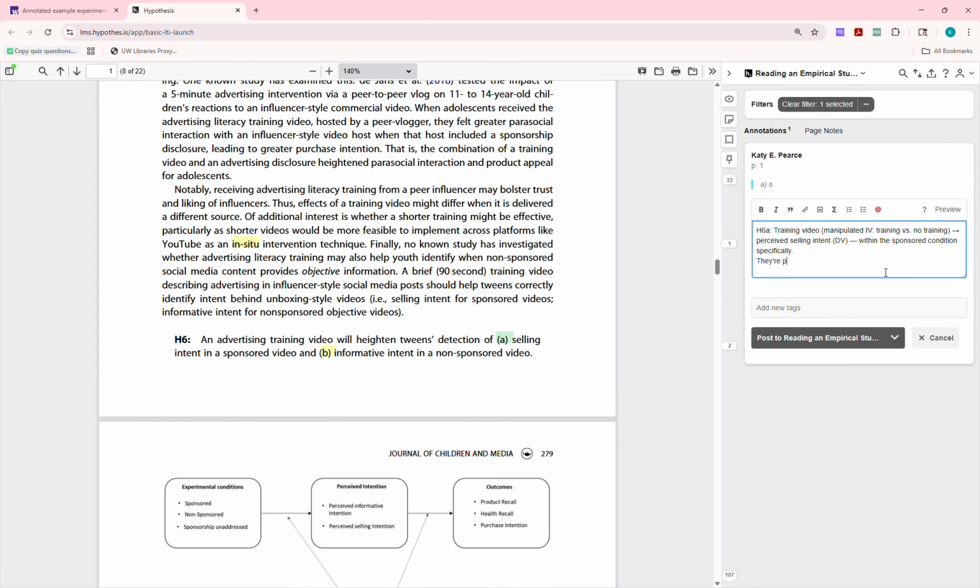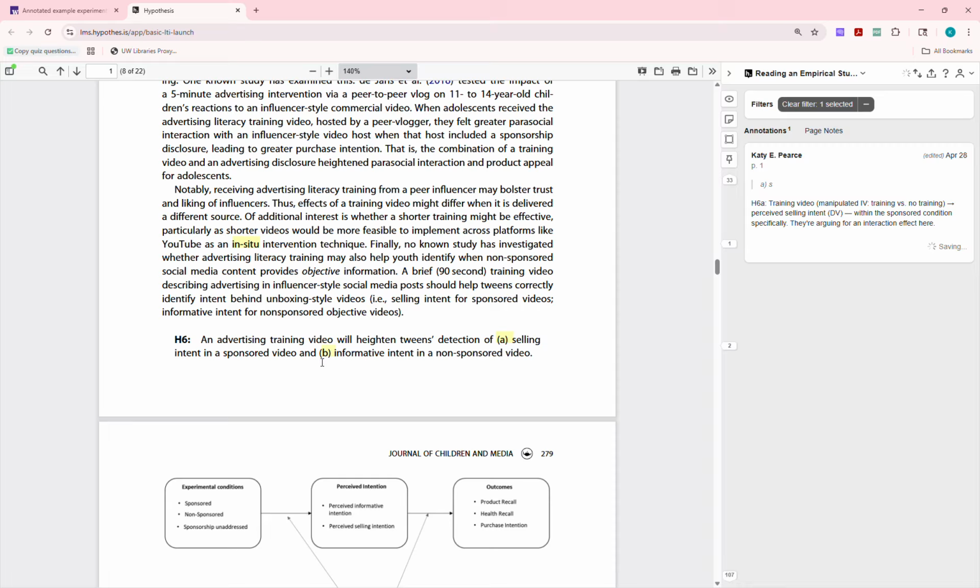They're arguing for an interaction effect here. That makes sense to you all? And then H6B. Kids who see the training video will have greater perceived informative intent, specifically if they're in the non-sponsored condition.